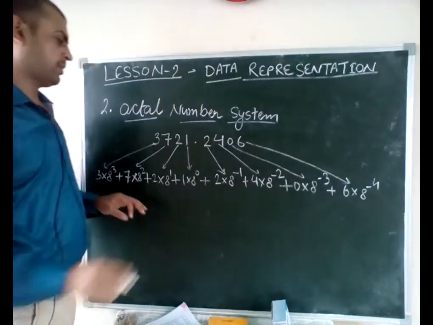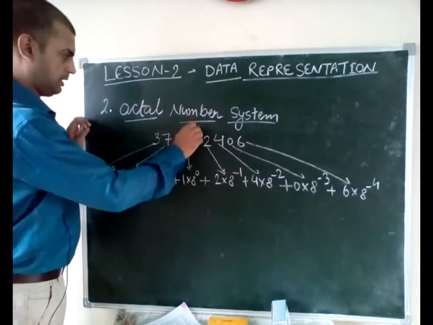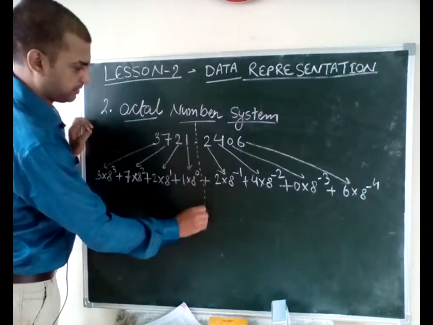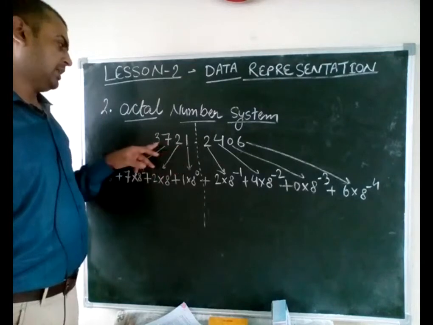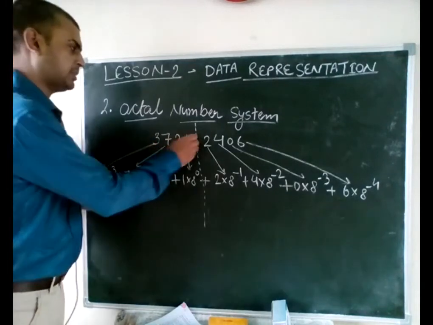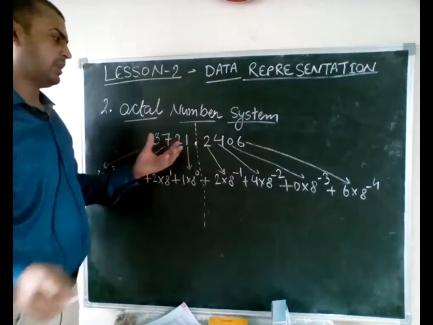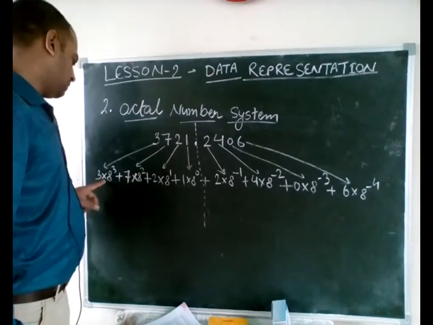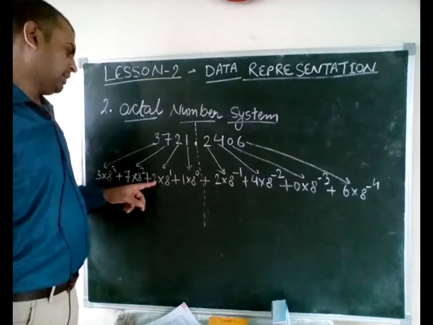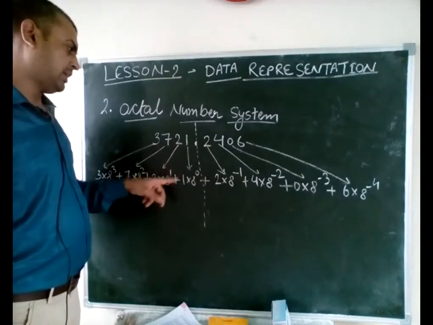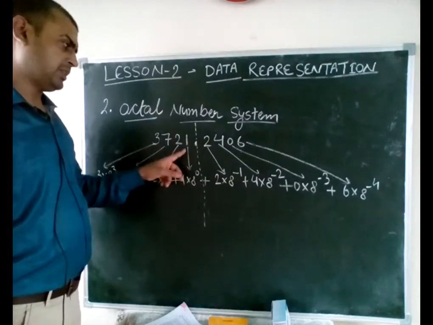Now I am marking this line to make it more clear to you. This is the first part of the octal number: 3 into 8 to the power 3, 7 into 8 to the power 2, 2 into 8 to the power 1 and 1 into 8 to the power 0.